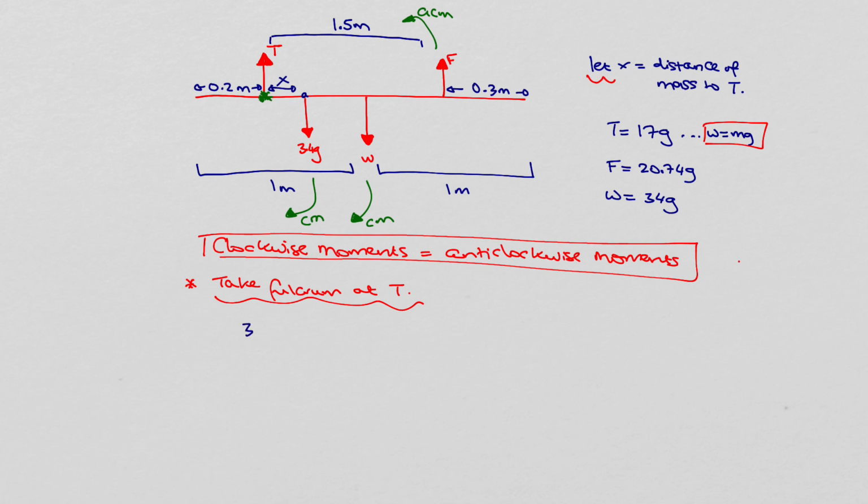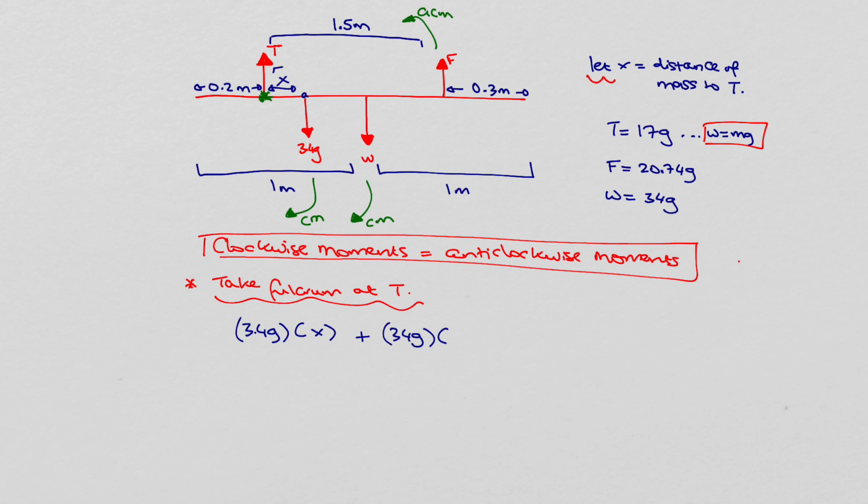So therefore, we can say, well, our clockwise moments must be the force, which is the weight, times the perpendicular distance, and the weight of the rod, we said was 34g, times the perpendicular distance. So the perpendicular distance from the weight to T has to be 1 minus 0.2.